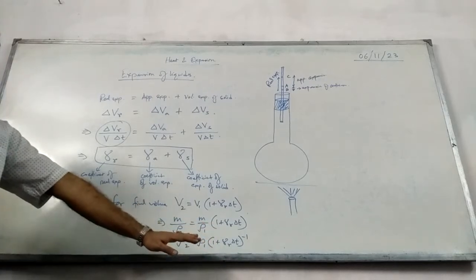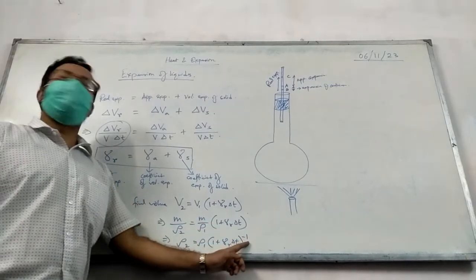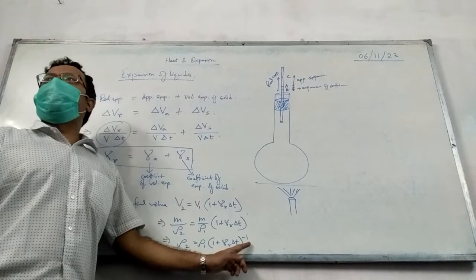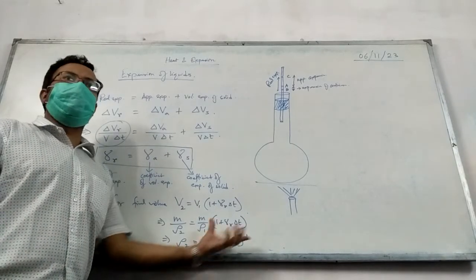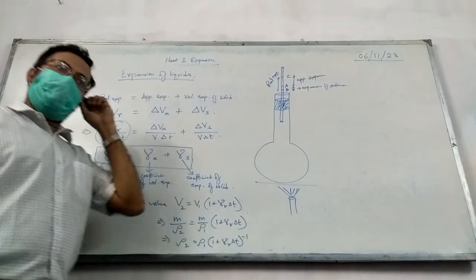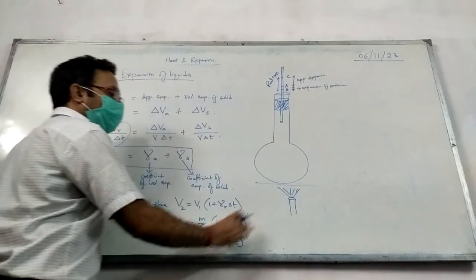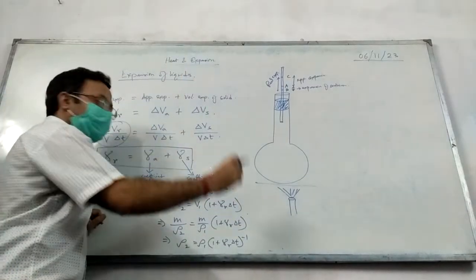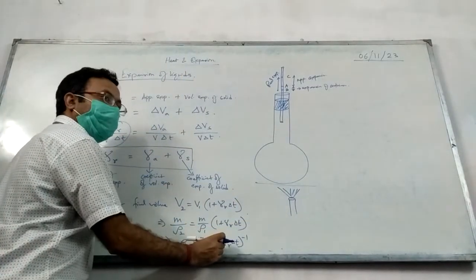Now you have studied in binomial theorem, if you have a negative index, then if we expand this binomially and neglect the higher order terms, then this minus 1 will only come in front over here.